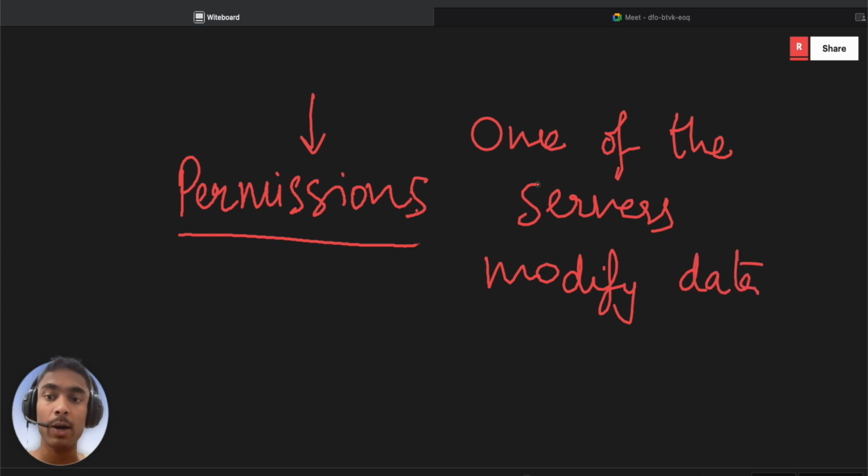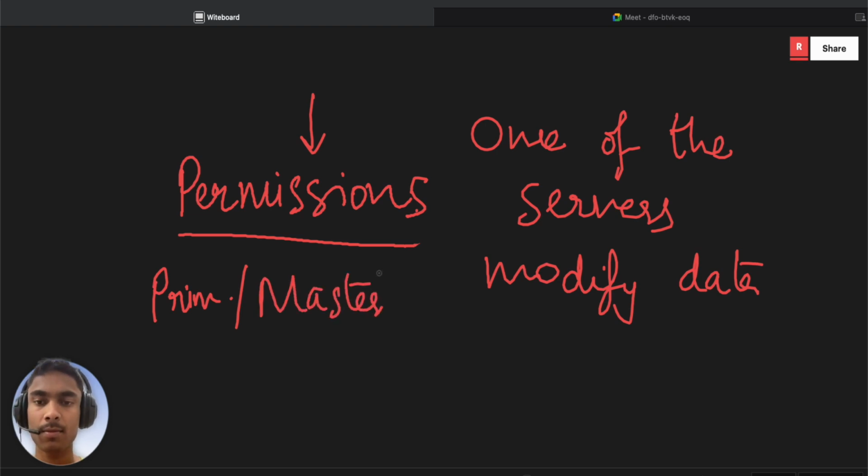So there are a few terms in this. The server that is capable of such a permission is known as the primary server or the master server. Additionally, the one that cannot have these permissions and is just going to be on standby is called the standby or the secondary server.